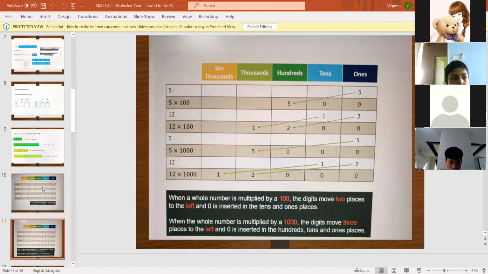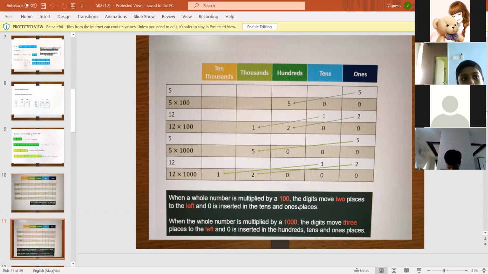Still few of you didn't join the class. Okay, when a whole number is multiplied by 100, the digits move 2 places to the left, correct? And 0 is inserted in the tens and ones place.